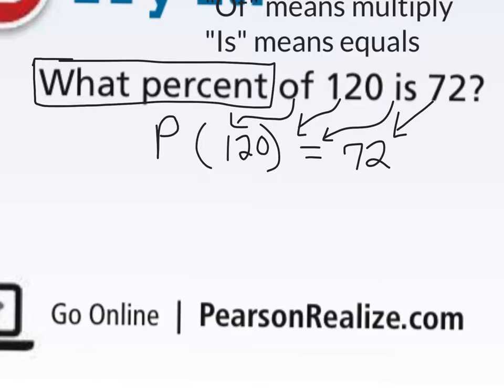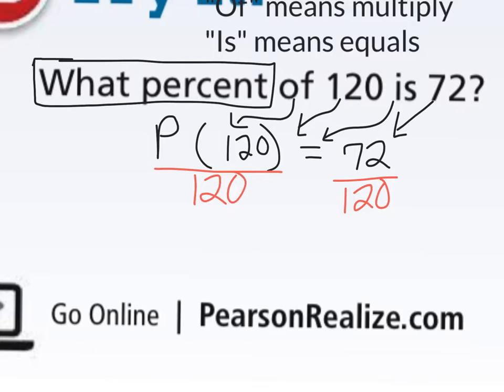The 120 is next to the P, so those are being multiplied. To get rid of that, we need to divide. I'll use a different color so we can distinguish our second step. We're going to divide both sides of the equation by 120.